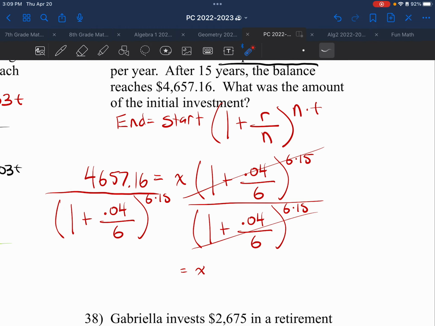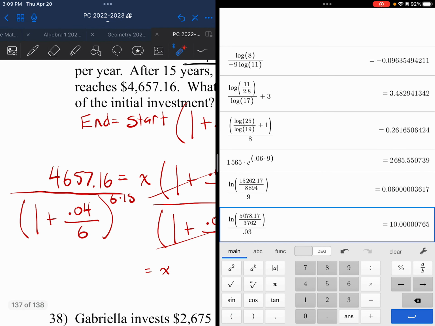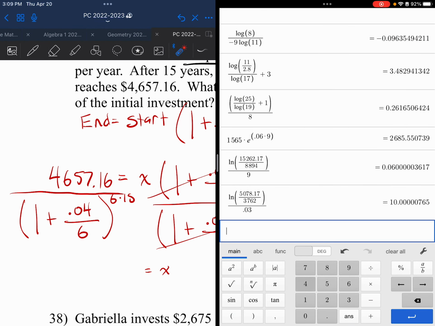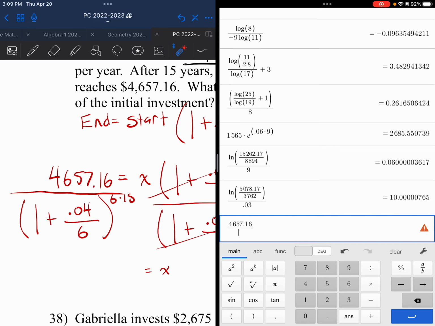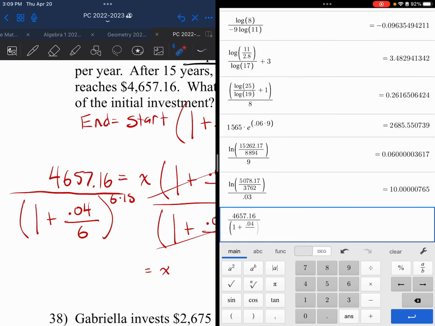So, calculator, help me, ready, set. We've got 4657.16 divided by, I just need some parentheses here, 1 plus 0.04 divided by 6.